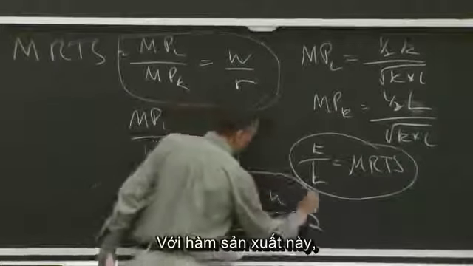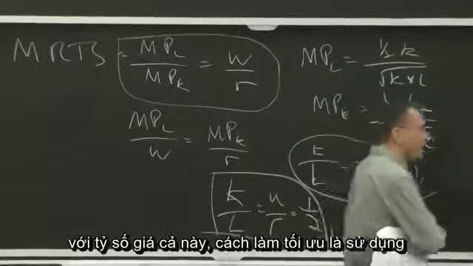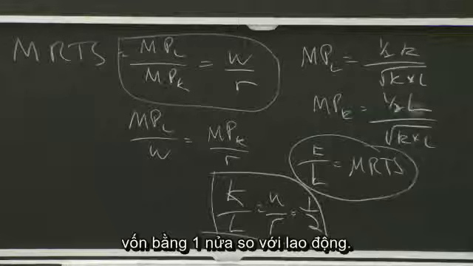So given this production function and these price ratios, the optimal thing to do is to use half as much capital as labor.